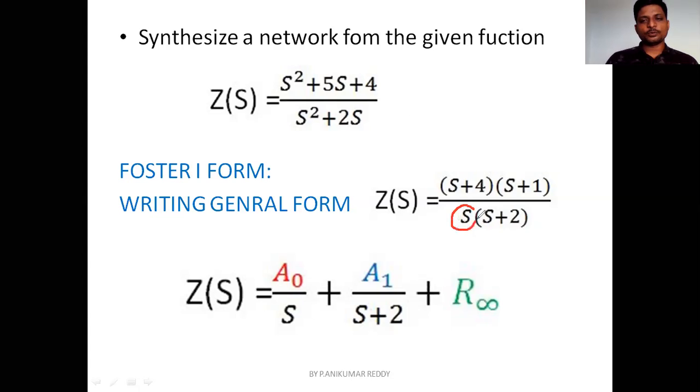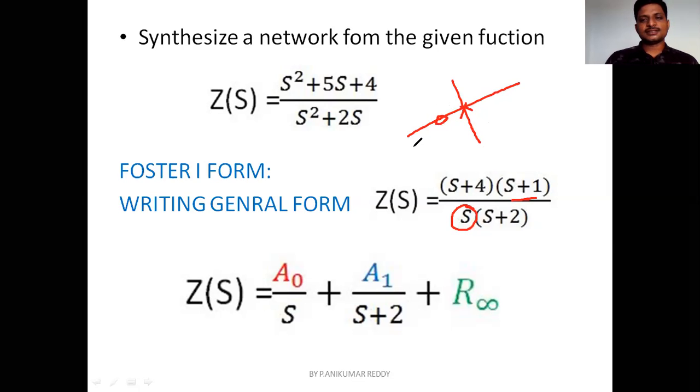So s equal to 0 is a pole at the origin. According to our properties, if a pole is present at the origin, then we can say that it is an RC impedance function. Also, poles and zeros must lie on the negative real axis and they must be interlaced. As you can see here, the first pole is at the origin, s equal to 0. Next, s equal to minus 1 is a zero.